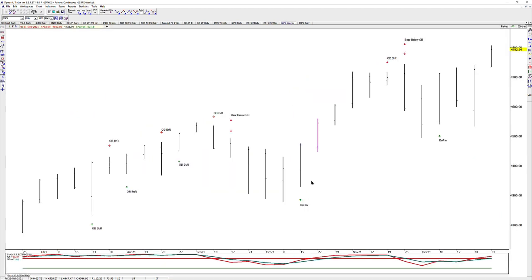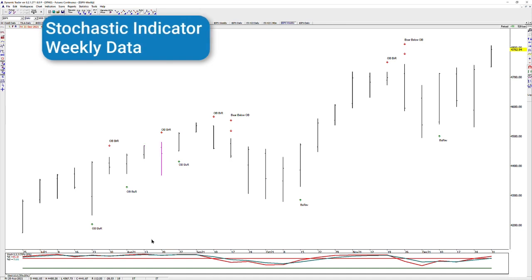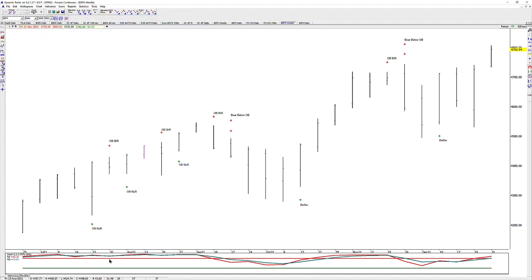How about for other indicators? Well, I don't have it programmed in for other indicators, but let me show you something here. This is SPX weekly data, but this is a stochastic. And the stochastic, again, reaches the overbought and typically hangs there for some time before a trend reverses.